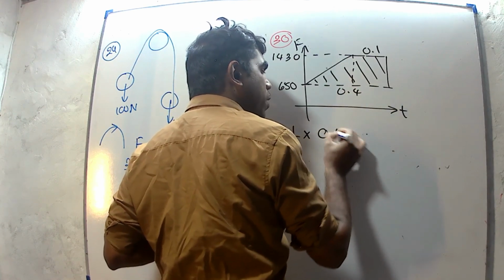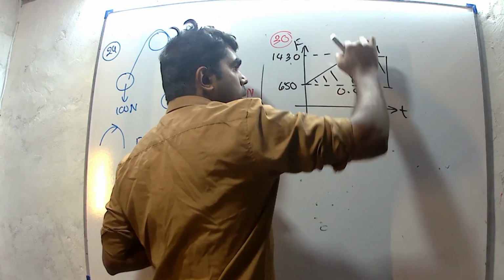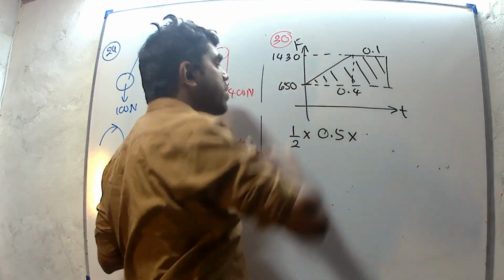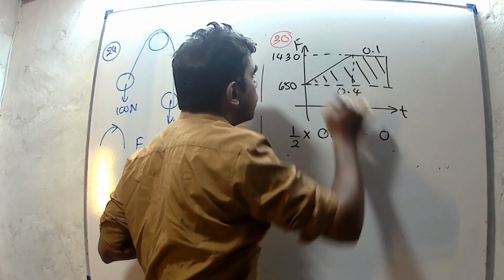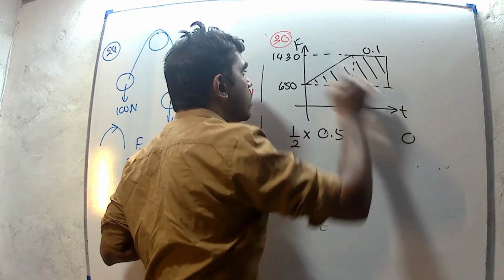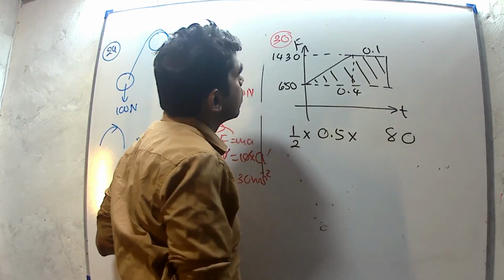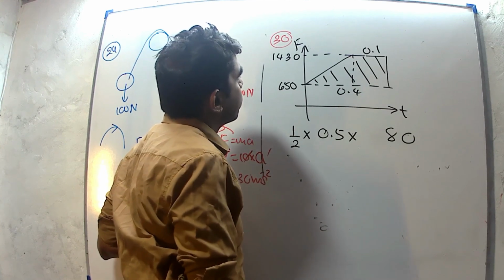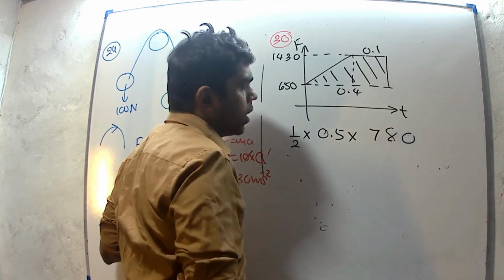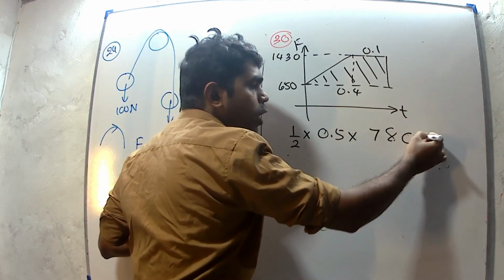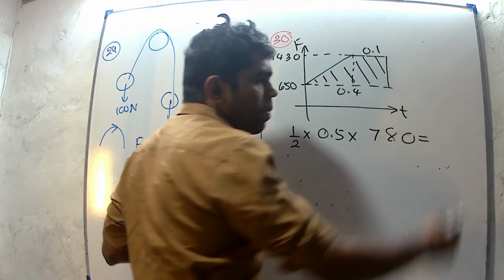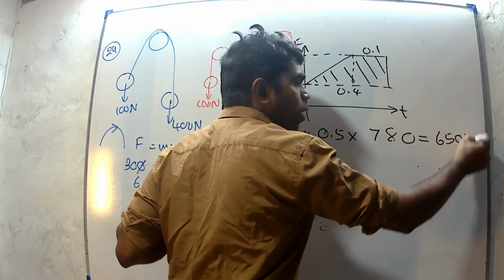Then sum 0.5. Perpendicular distance, you have to subtract 0 minus 0, 0. 13 minus 5, 8. Again 13 minus 6, 7. It is the area of this part. It should be equal to the mv product. Mass 650, we have to find velocity.